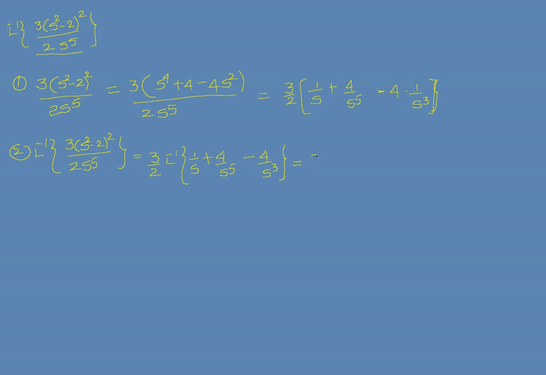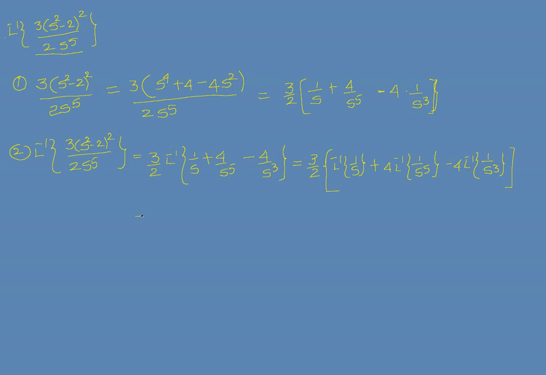This is nothing but 3 by 2 into L inverse of 1 by s plus 4 into L inverse of 1 by s power 5 minus 4 into L inverse of 1 by s cube. Okay.